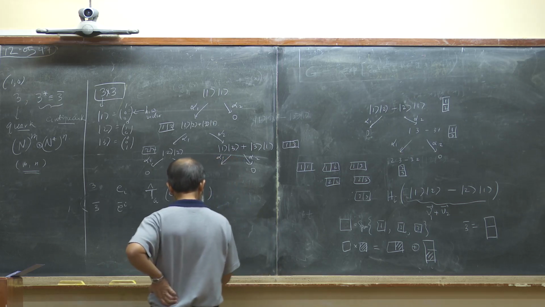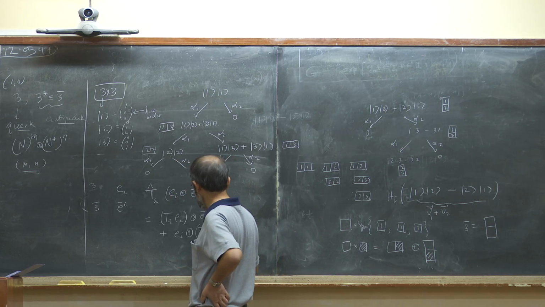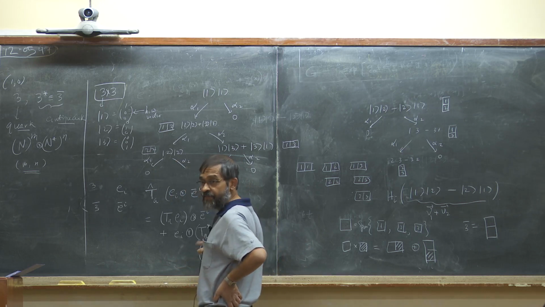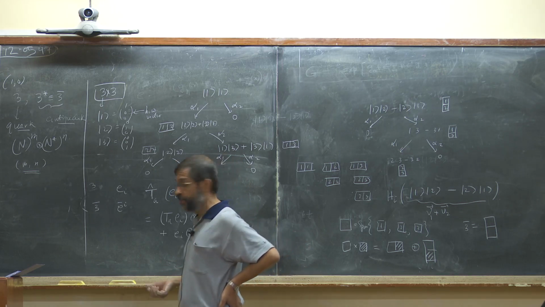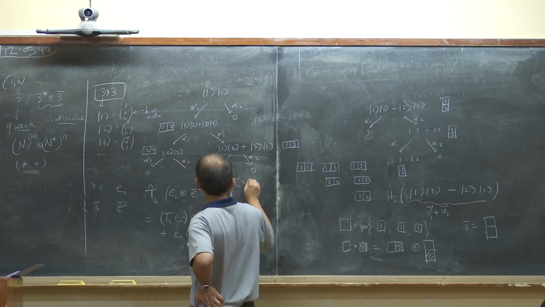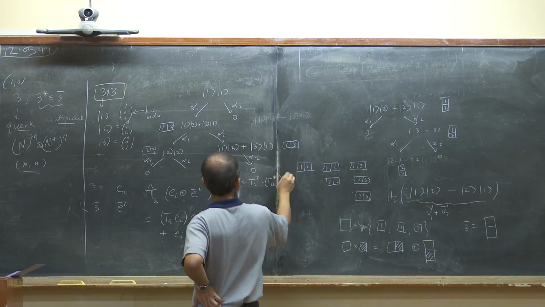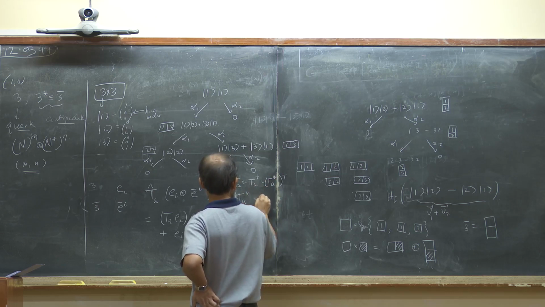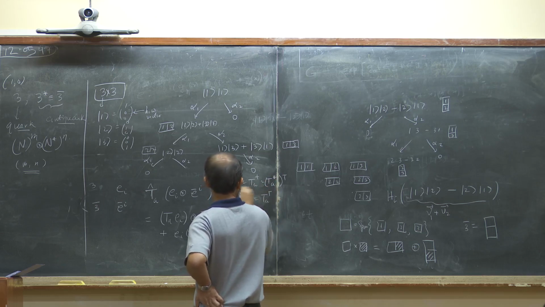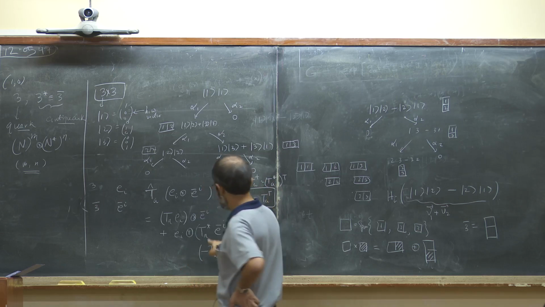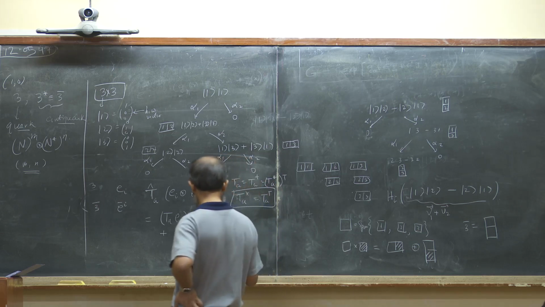So what have I used here? I have used the fact that this T^A is a Hermitian operator. Therefore, T^A is equal to T^A dagger, and T^A dagger is the same as T^A star transpose. Therefore, T^A star is the same as T^A transpose. So I have used this fact.